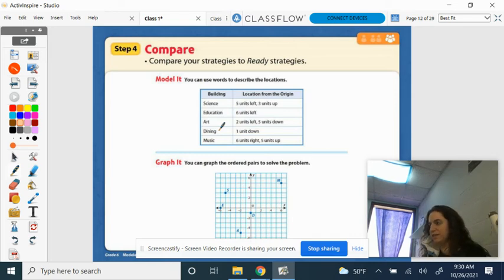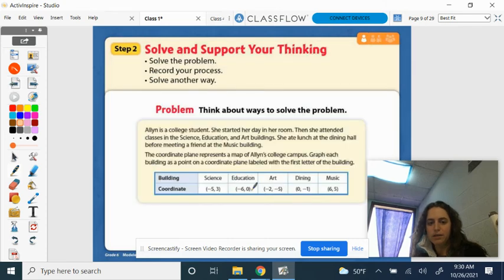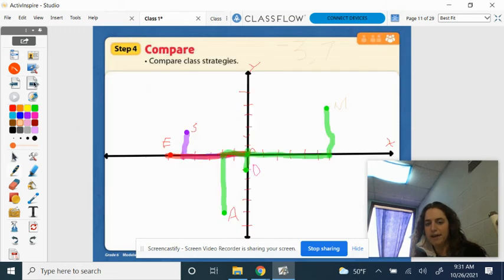If the x is a 0, it's going to be on the y-axis. So it's always the opposite of wherever the 0 is. I don't get it. Well, look at the education building. Your x is -6, your y is 0. But if we look where we graphed it, it ended up on the x-axis. So it's the opposite.